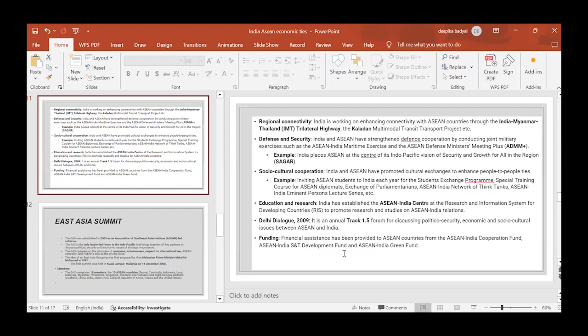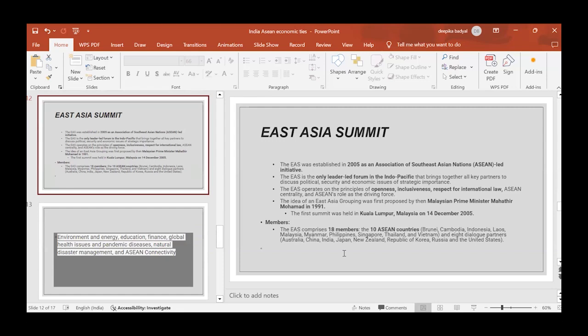ASEAN-India Green Fund. Now, there is another very important summit, which is the East Asia Summit. It is different from ASEAN, but it is an Association of Southeast Asian Nations-led initiative. It is an initiative started by the ASEAN countries only. So the EAS is the only leader-led forum in the Indo-Pacific region that brings together all key partners to discuss political, security, and economic issues of strategic importance.